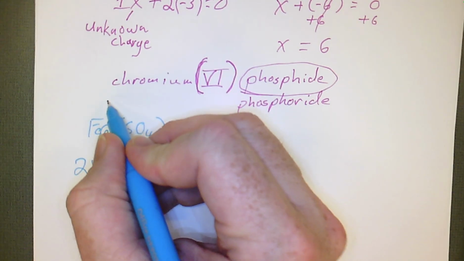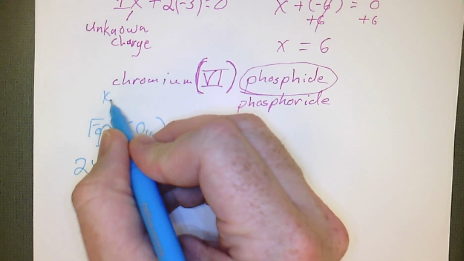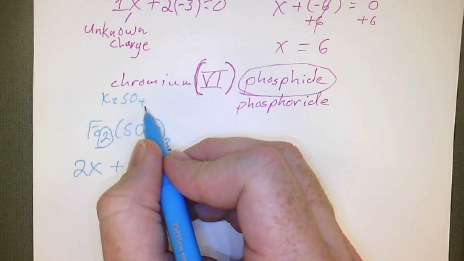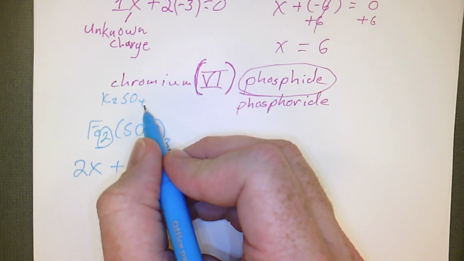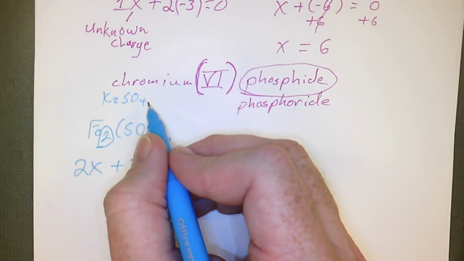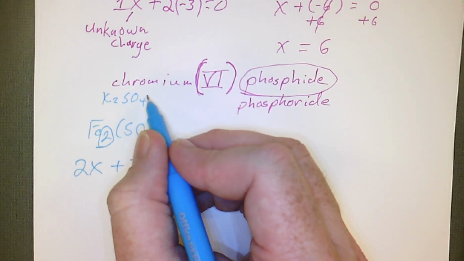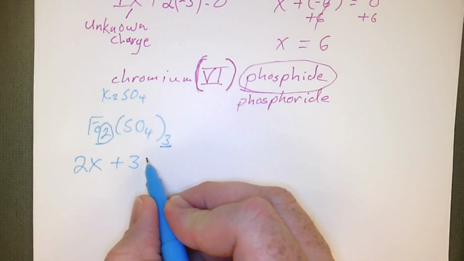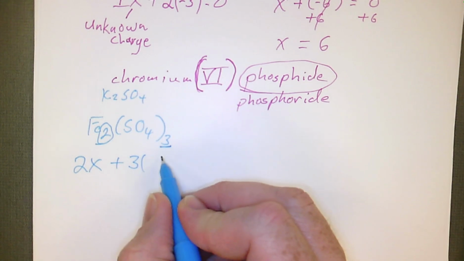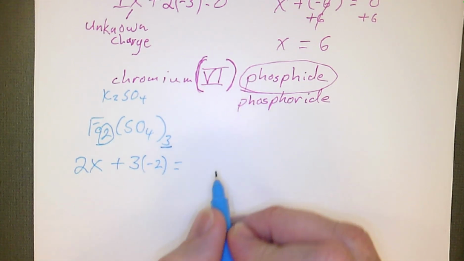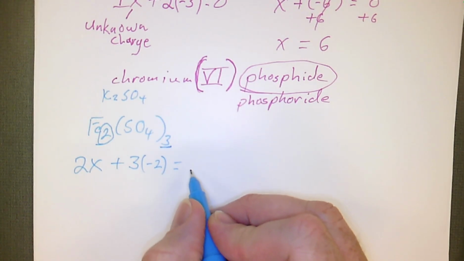If it was just like, let's say K2SO4, be very careful. This is where people mess this up. If it's a polyatomic ion and there's only one of them, meaning no parentheses, then it's just 1. All right, this would be 1, but because of this, it's 3. And then what is the charge of SO4 off our pink sheet? -2, and that's going to equal 0.